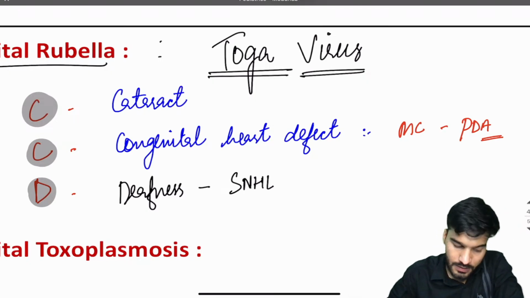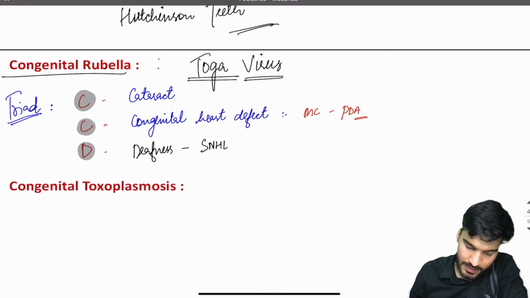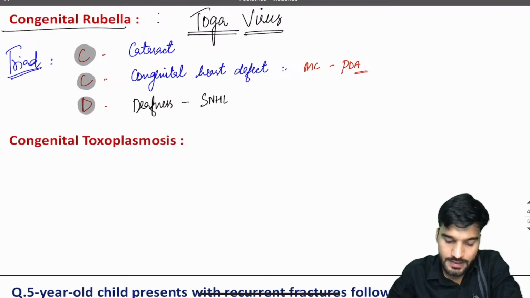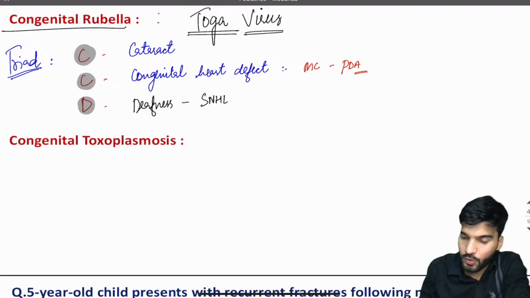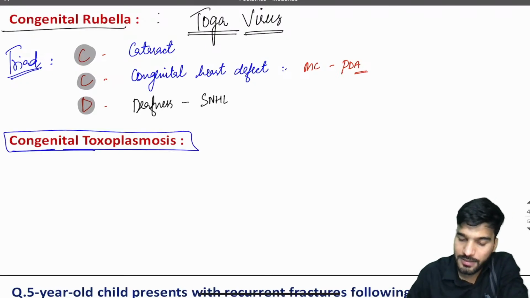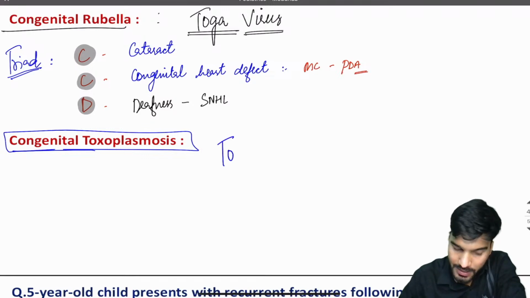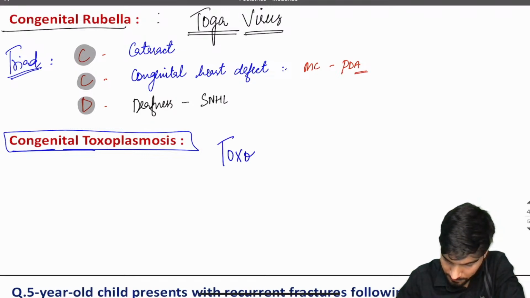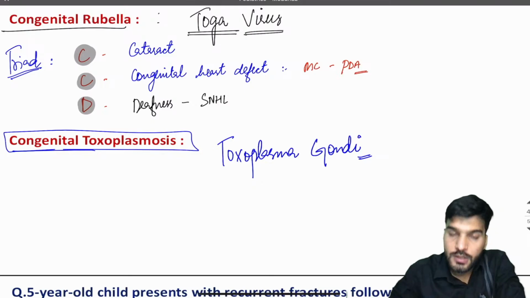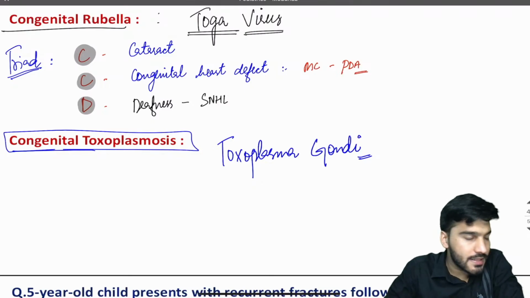Now the next one, after the triad CCD, is the triad seen in congenital toxoplasmosis. You already know that toxoplasmosis is caused by Toxoplasma gondii. There are three things in the triad as well.